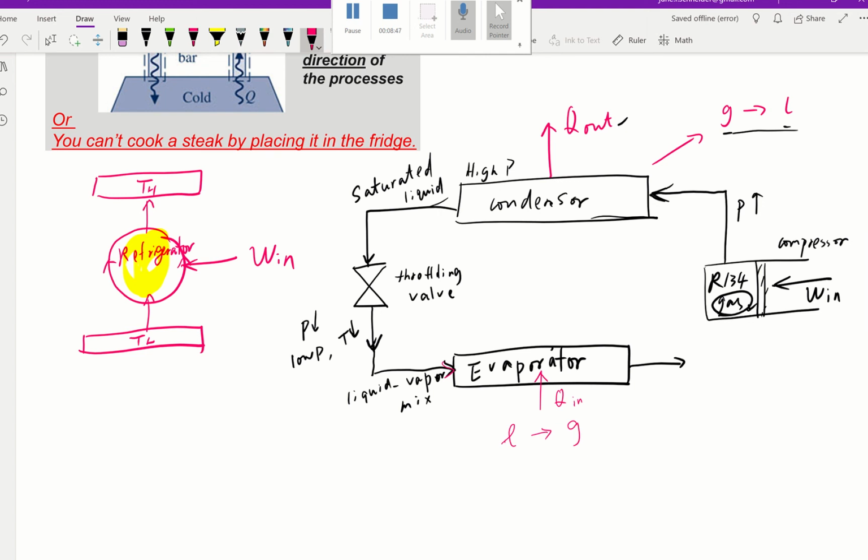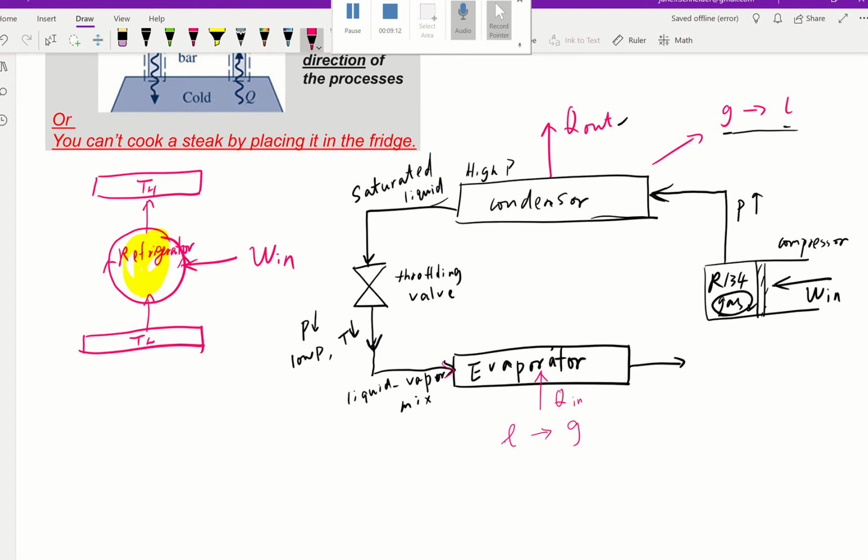So the heat transfer naturally goes from hot to cold, from 1 degree to negative 30. In that case, we achieve our purpose of refrigeration. We continue to get the heat coming from the refrigerator space to the cold freon. That's how the refrigeration works.